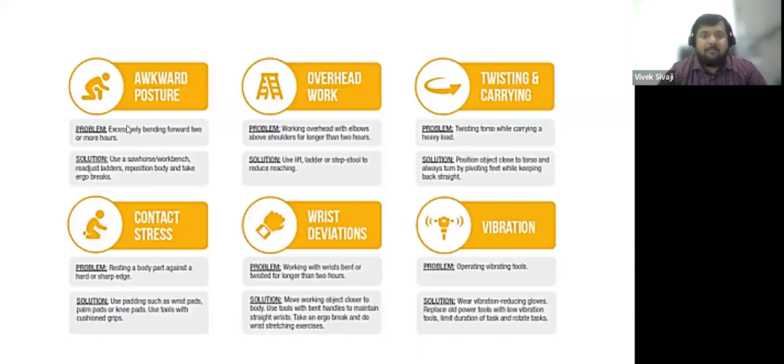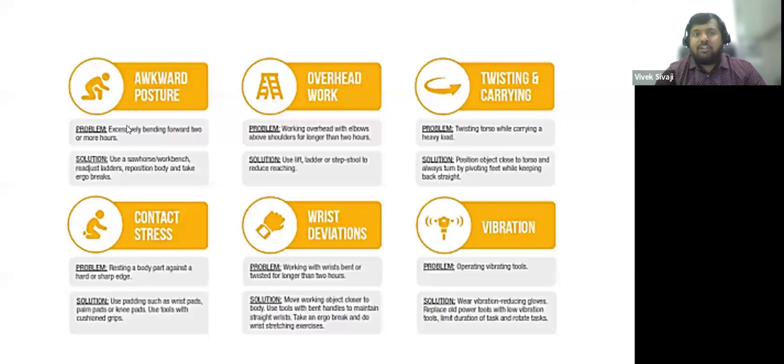So use lifts, use ladders, step ladders, use scaffolds, right? Use a push lift, anything. Then twisting the torso while carrying a heavy load, always a problem. So position the load close to your body, right? And always turn by pivoting the feet rather than just your upper body.